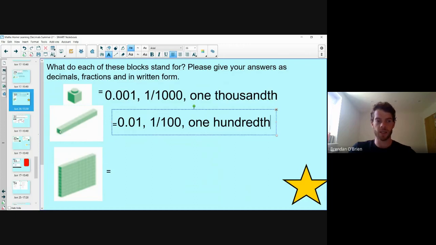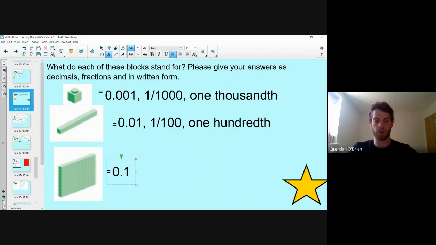If I take 10 of these long blocks, I can make one of these large blocks. Okay. As a decimal, we write that as 0.1. It's in our tenth column. As a fraction, 1 over 10, 1/10.